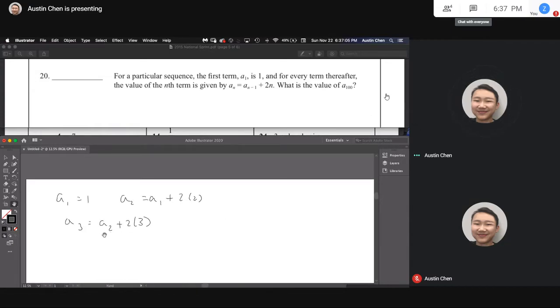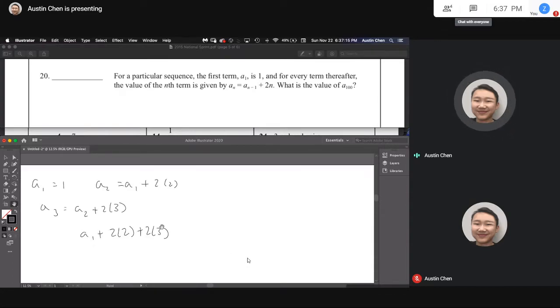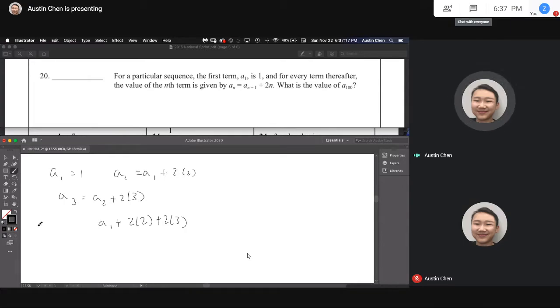So we can just substitute A2 in here, and we will get A1 plus 2 times 2 plus 2 times 3 for A3, right? And then this pattern will just keep on going. So that A100 will equal all this plus all the way to 2 times 100.